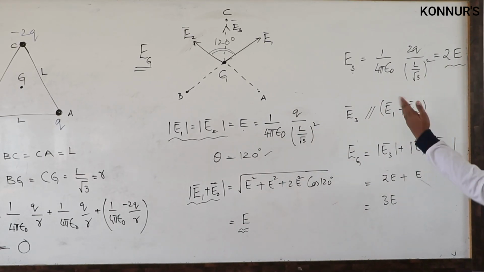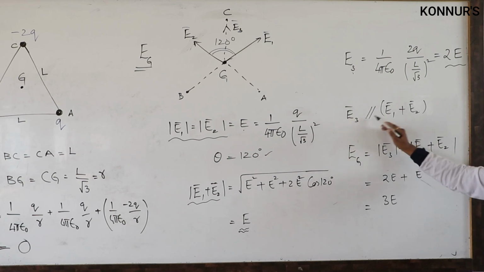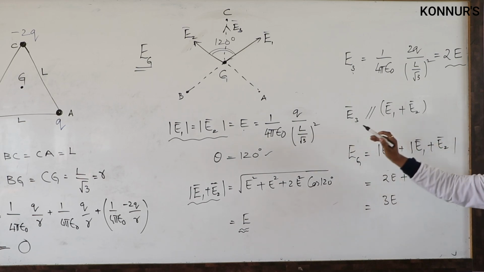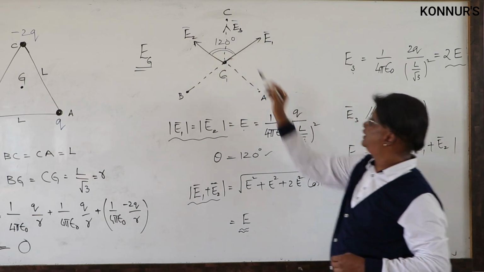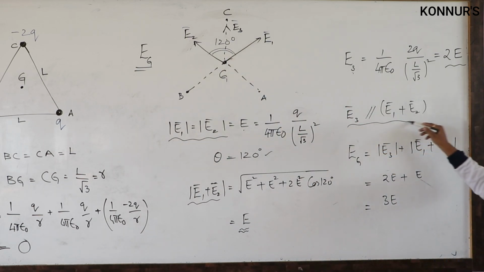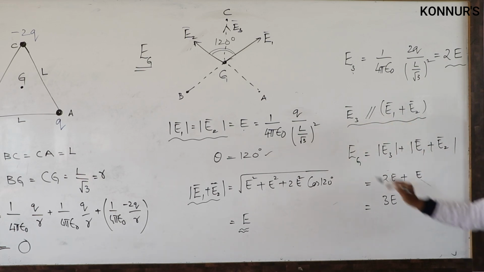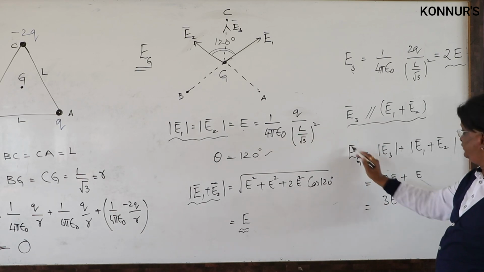And what you find from the symmetry, this vector E3 bar is parallel to the resultant of E1 bar and E2 bar. See here, E1 bar and E2 bar, this is the resultant, and E3 bar is parallel. You can find this, right? So now these are two parallel vectors. Therefore finally I am writing the net intensity at the centroid EG.